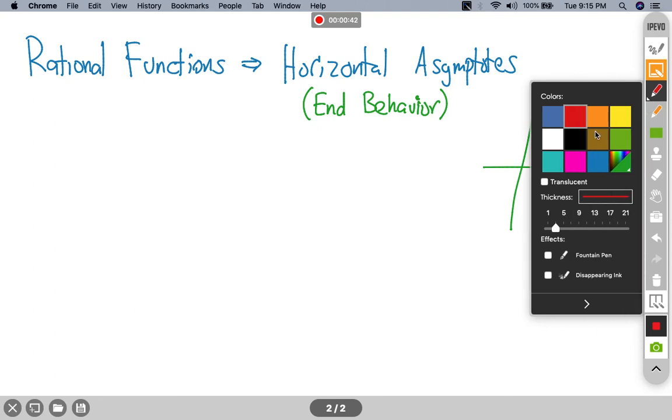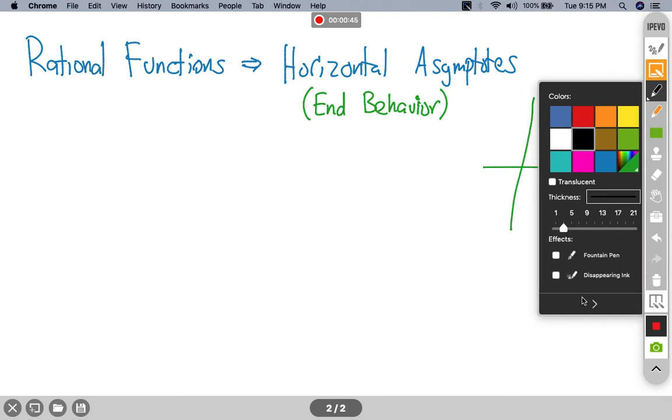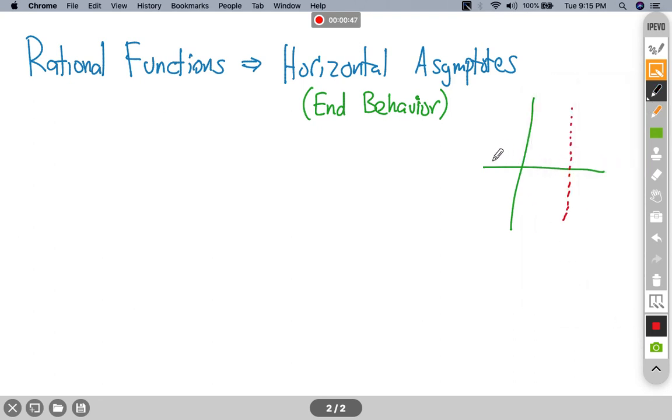And as we look at our function, as it gets closer and closer to that line, it either shoots up to positive infinity or it shoots down to negative infinity. But it never actually equals that, because this is where the denominator equals 0. So we found those vertical asymptotes by setting the denominator equal to 0 and solving for x.